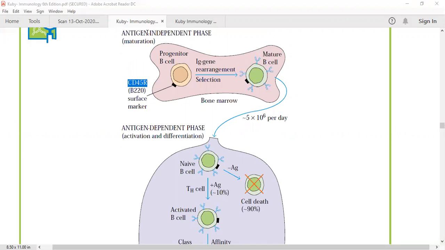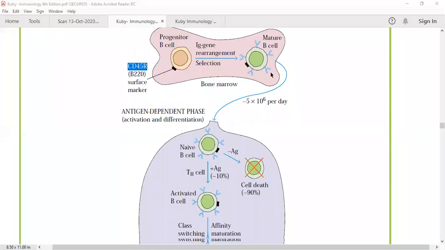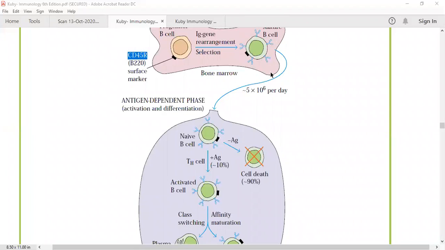This is an antigen independent phase in which these antibody molecules come over the B cell surfaces. So the affinity is already decided, and this is a huge number. They can recognize a large number of antigenic epitopes or antigen molecules.